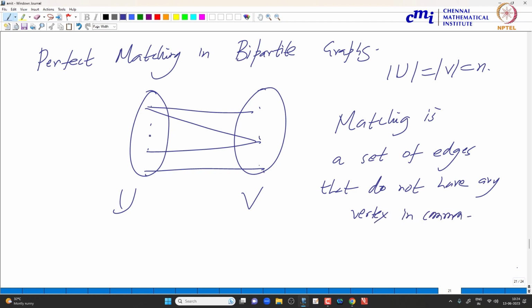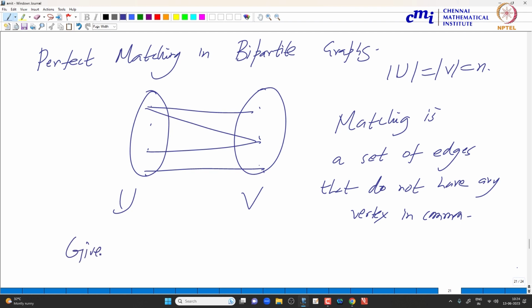Perfect matching means each vertex in the left hand side is matched with a vertex in the right hand side, and also the opposite. So given a bipartite graph, how to test if there is a perfect matching or not. This is the question.